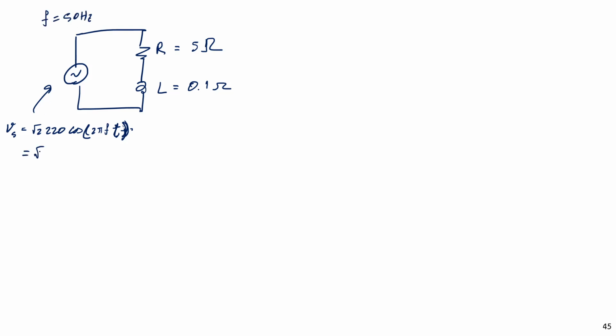Therefore, Vs is square root 2 times 220 cos(2 pi 50 t), like this, right? So the voltage is in the form of cosine with the peak of square root 2 times 220 volt.